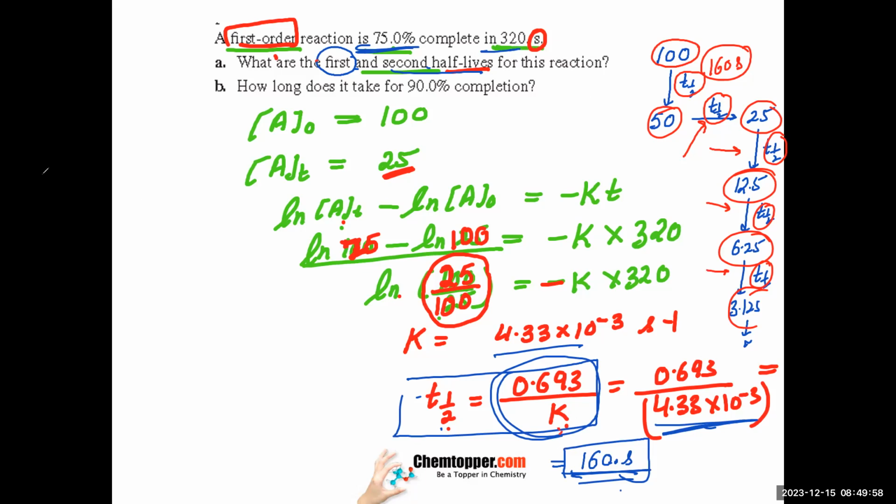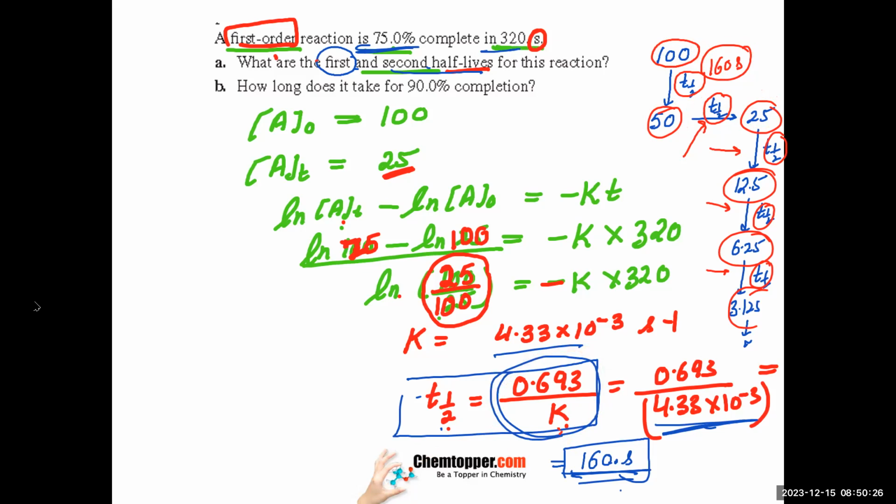Initial concentrations are changing continuously, but this change will not change the value of your half-life, because in the equation, the half-life does not depend on the initial concentration. So it is constant. Very important concept, children.